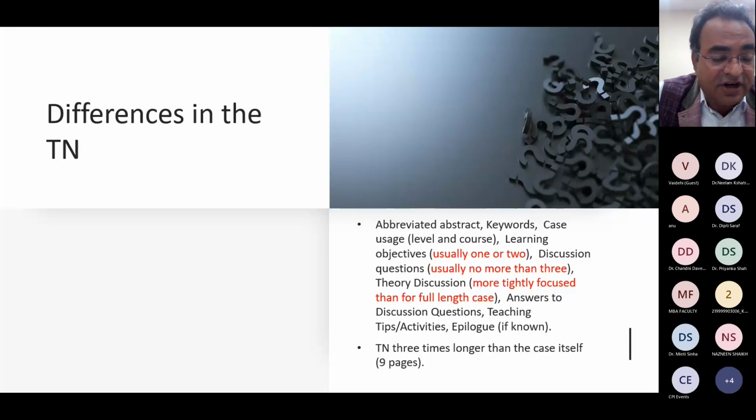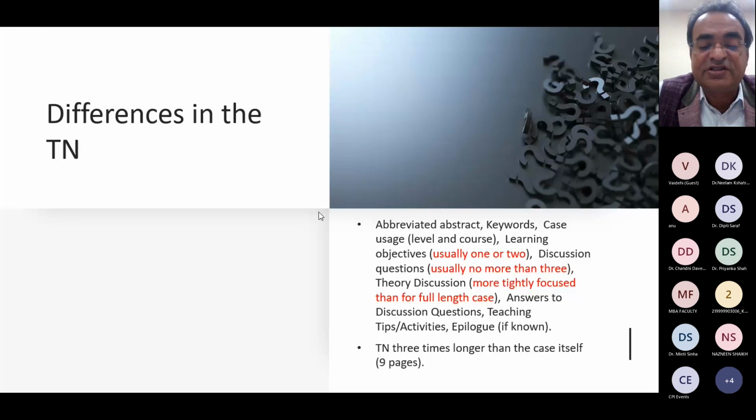It should have a keyword or keywords. It needs to indicate the level and the course you're targeting. Very important. The learning objectives based on Bloom's taxonomy. Here, compared to a traditional case where you may have 3 or 4 or 5 learning objectives, usually you are looking at just 1 or 2 learning objectives.